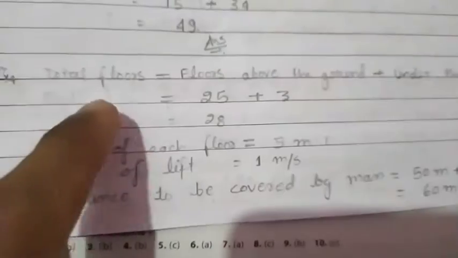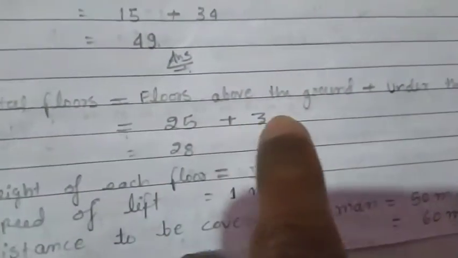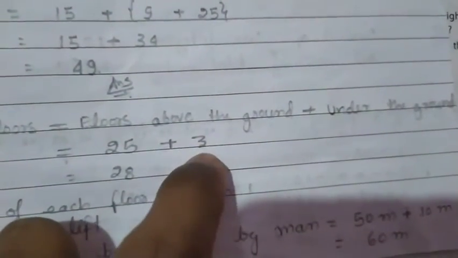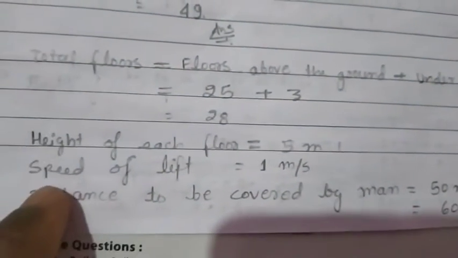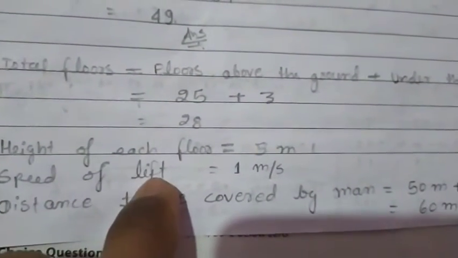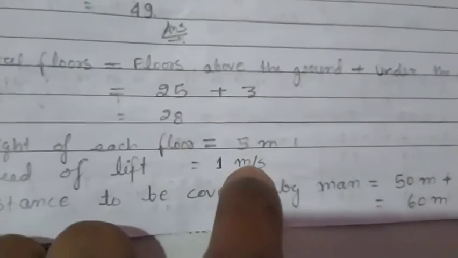Okay, total floors is equal to floors above the ground plus under the ground, that is basement. So it is 25 and 3. Above the ground there are 25, and below the ground in the basement there are 3 floors. So collectively it is 28 floors, and the height of each floor is 5 meter. Then the speed of the lift is 1 meter per second.